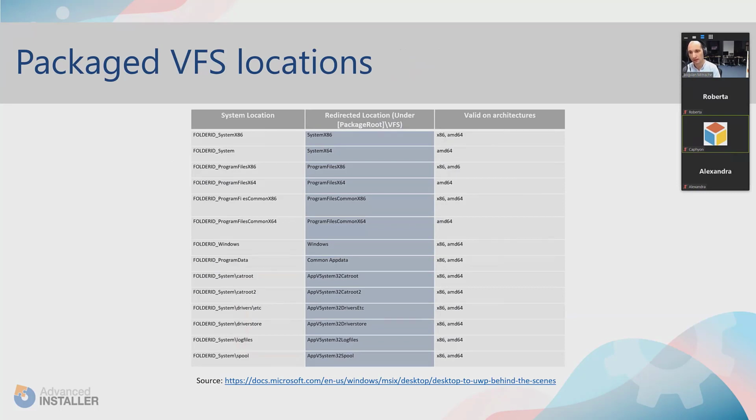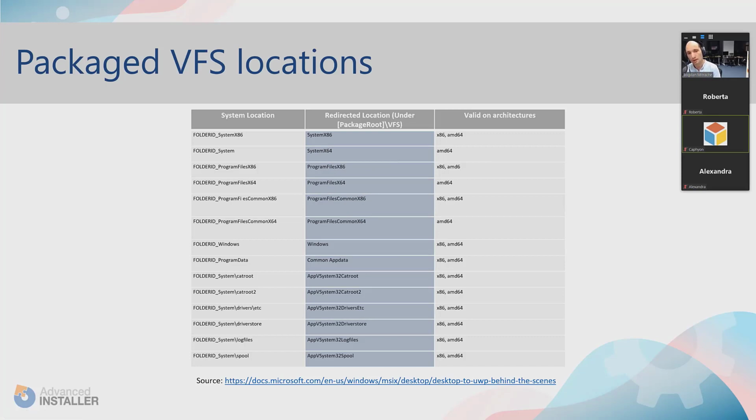If you have a package that is installing files under the System x64 folder and the Program Files x64 folder, those will actually be installed into your package under Program Files / WindowsApps / my app name / VFS and /ProgramFilesX86 or VFS/x64. So all the folders that you see in this list, and if you have files in those folders in your application, these folders will be actually created as a subfolder of your installation package.